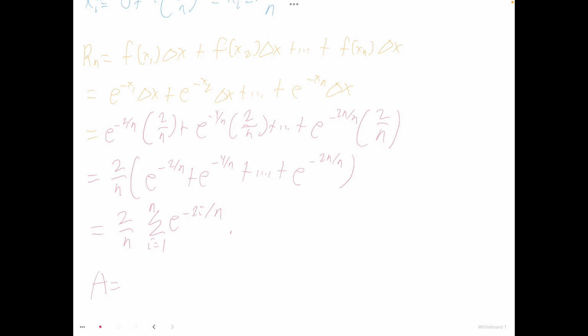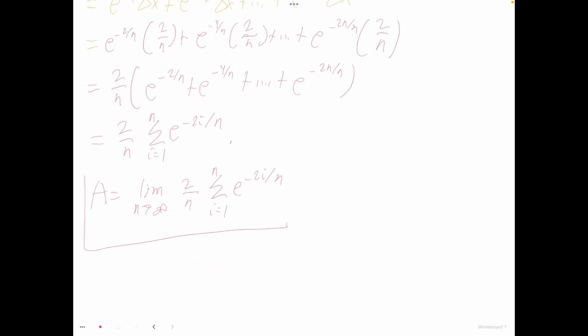And so our area is the limit as n goes to infinity of 2 over n times the sum from i equals 1 to n of e to the minus 2i over n. Like I said, we do not have the techniques to compute that limit right now, but that would be giving us our limit. And so that is the idea for the area in this case.